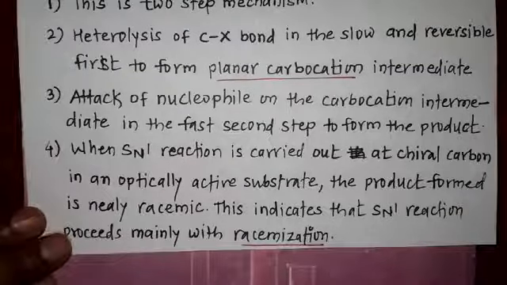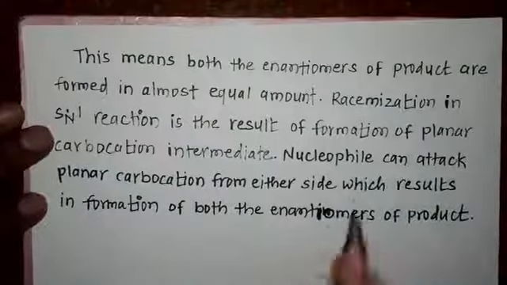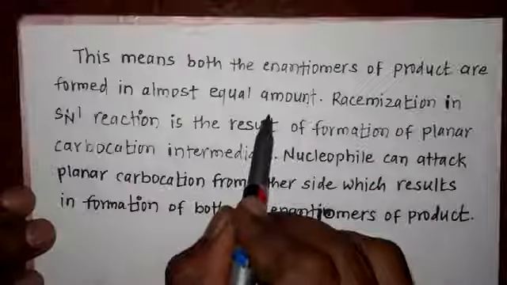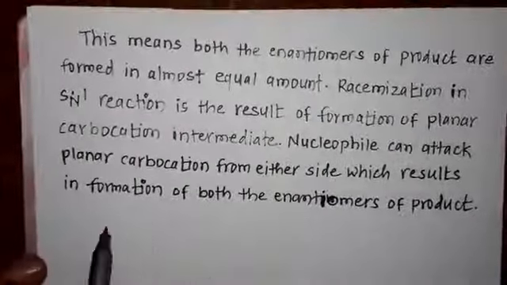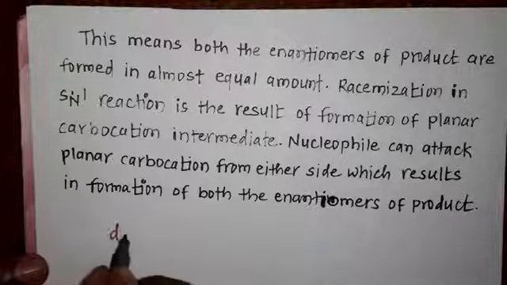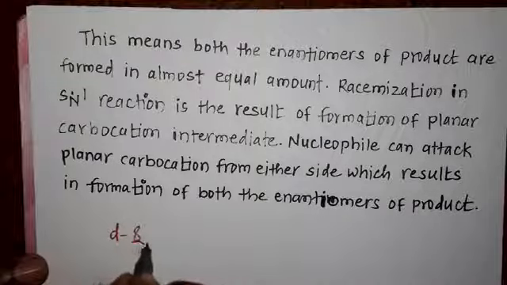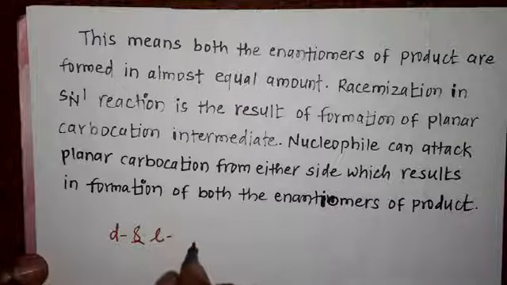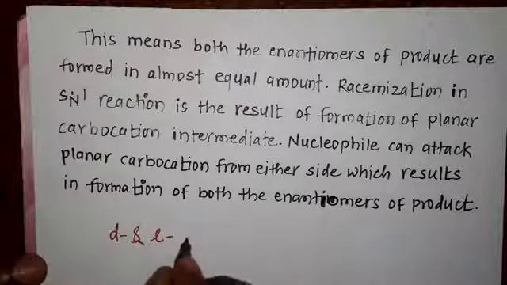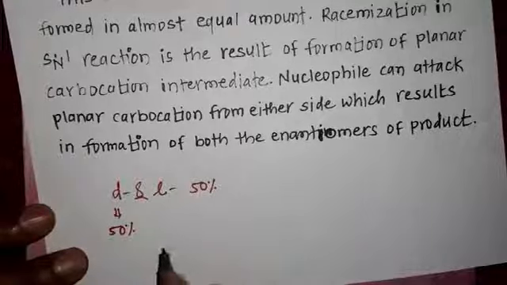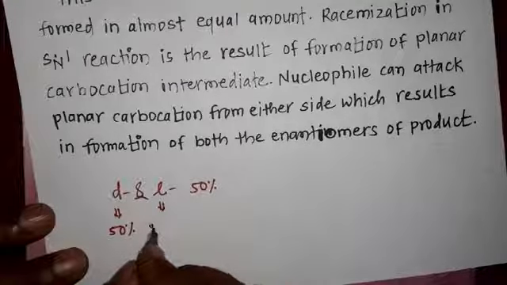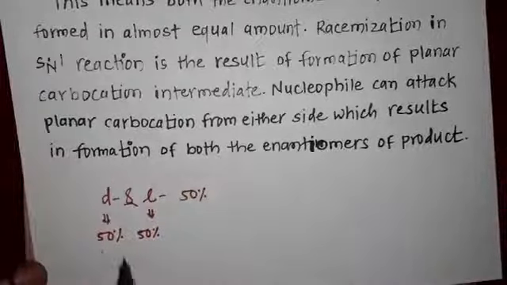The next point is that both enantiomers of the product are formed in almost equal amounts. The possibility of formation of both D and L is about 50-50%, which means the D isomer forms 50% and the L isomer also forms 50%.